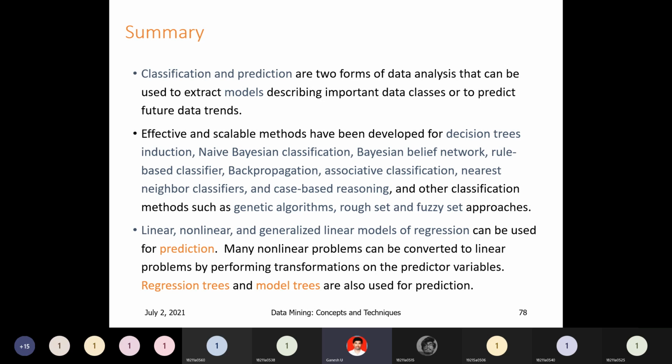Next, Bayesian belief network. What you have seen in the Bayesian belief network is that it is a directed acyclic graph. Acyclic, there are no cycles, and it has directions; the connections have directions. You are predicting based on two conditions: smoking and family history.